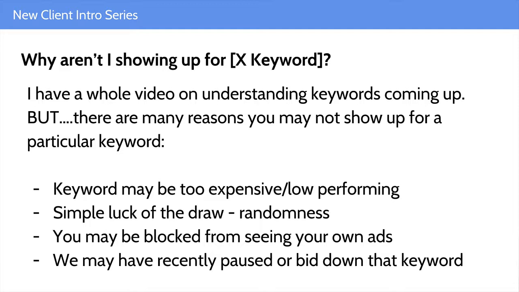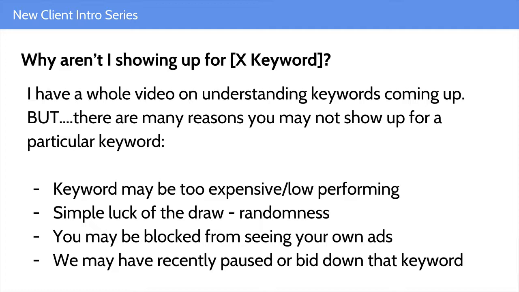But to get into it just briefly here, there are many reasons you may not show up for a particular keyword. That keyword may be too expensive or low performing, right? So it might be a good keyword, but everyone's competing for it, so it costs too much. Or we may have tested it and found out that it didn't actually perform as well as we thought. It may be simple luck of the draw or randomness.